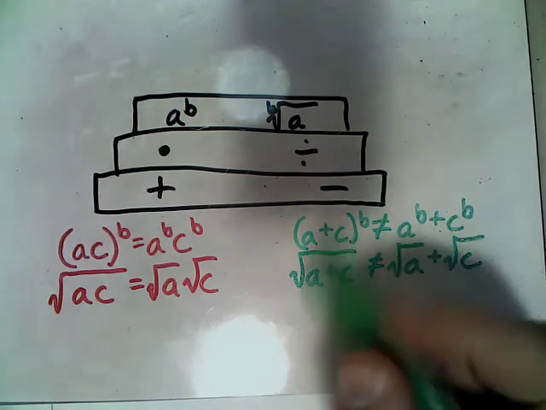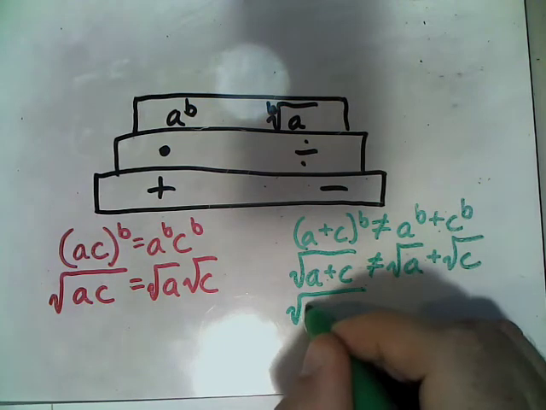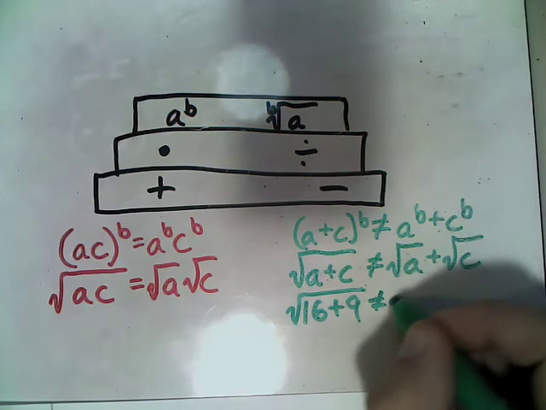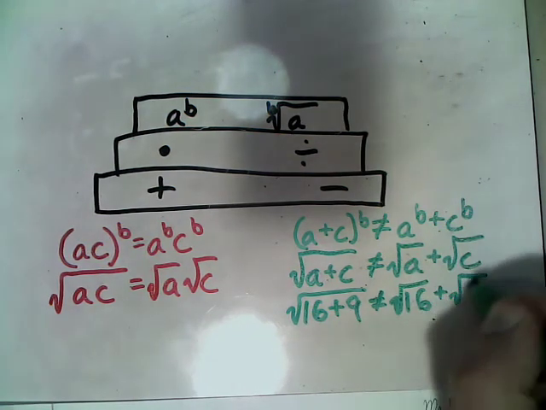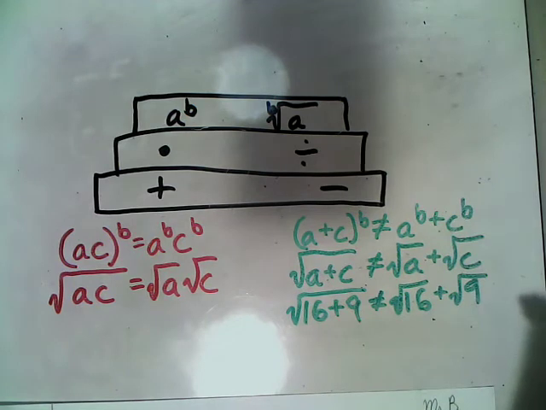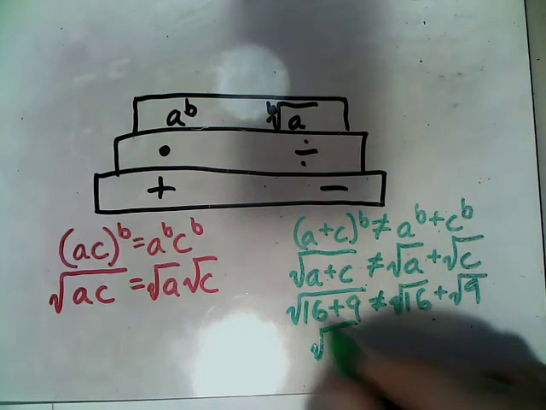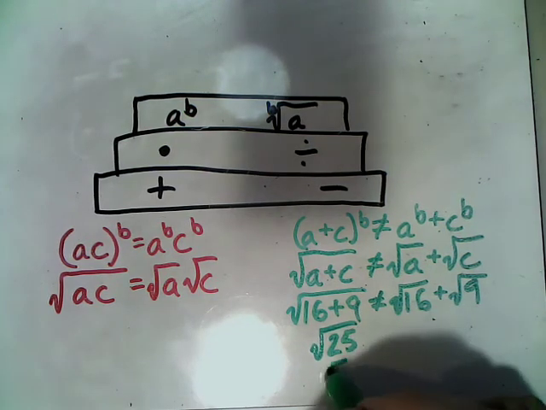So just a quick example here. If I had the square root of, let's say, 16 plus 9, this would not be equal to the square root of 16 plus the square root of 9. And if we were to simplify these, we could see it. 16 plus 9 would be 25. Square root of 25 is 5.